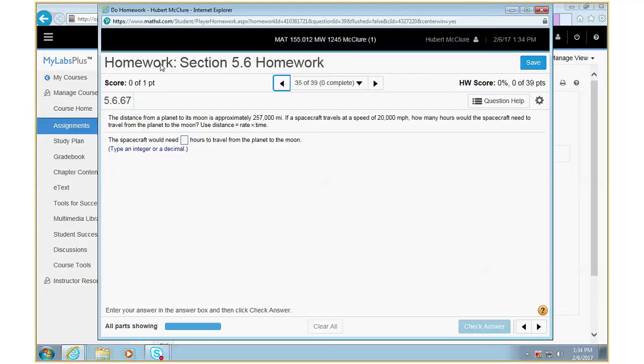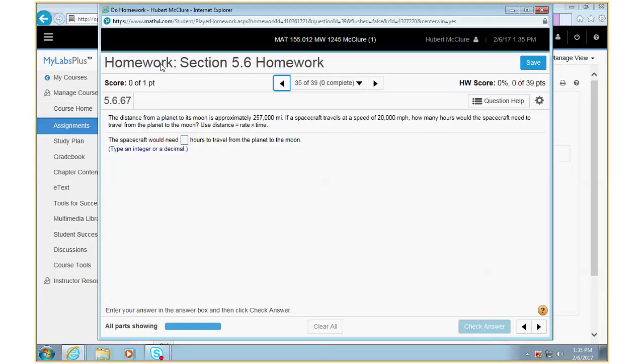Your car goes 70 miles an hour. How long does it take you to get to Spartanburg? All right. But what if I tell you this? What if I say you're going 50 miles an hour?